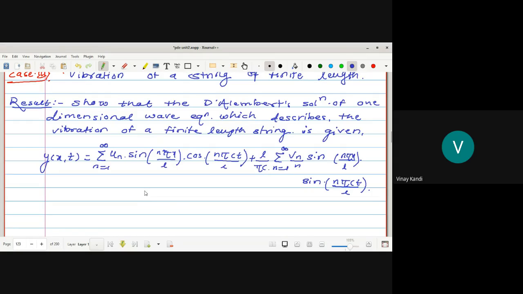So this is the solution of the one-dimensional wave equation when the length of the string is finite.